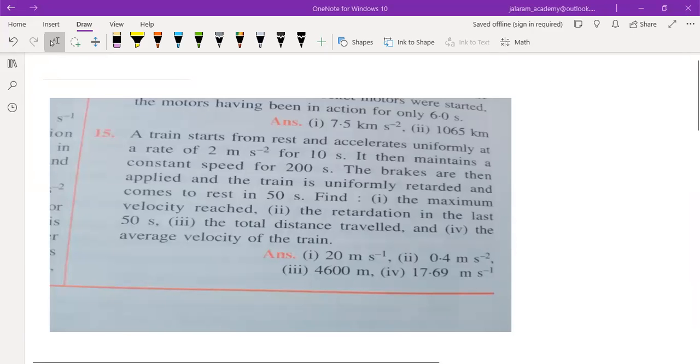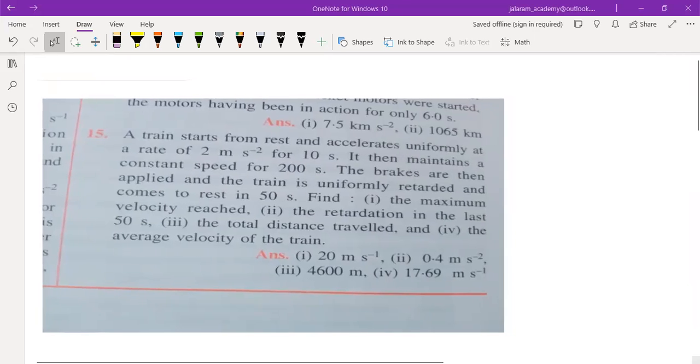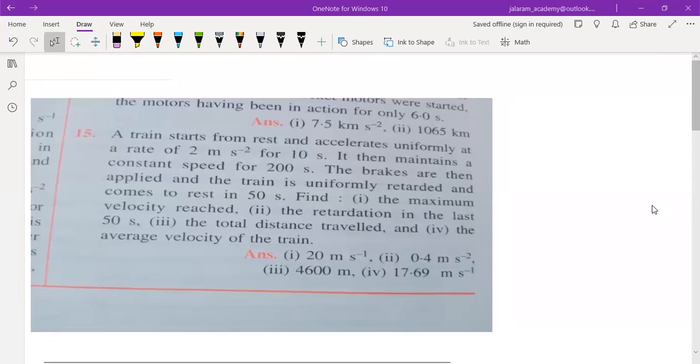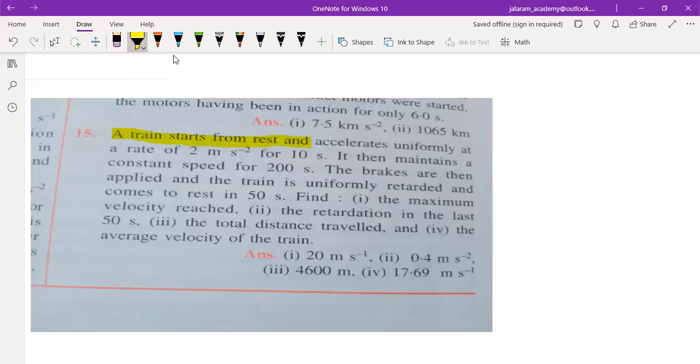Let's now discuss this question. A train starts from rest and accelerates uniformly at the rate of 2 meters per second square for 10 seconds. Means initial velocity of the train is 0.